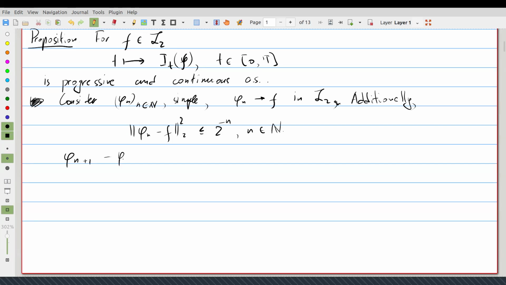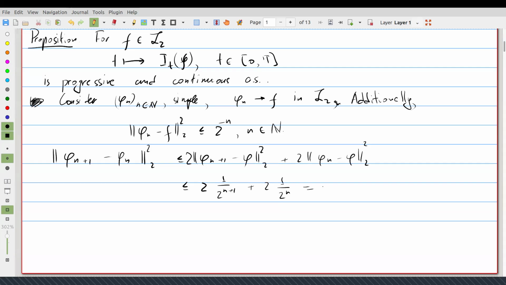Then the difference squared is less than this object, 2 plus 2 phi n minus phi squared, which is less than 2 times 1 over 2 to the n plus 1, plus 2 times 1 over 2 to the n, which gives us 6 over 2 to the n.